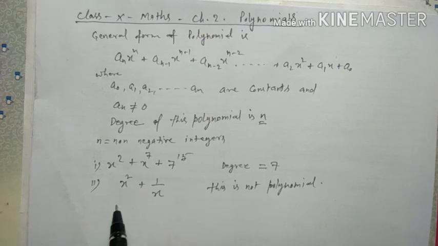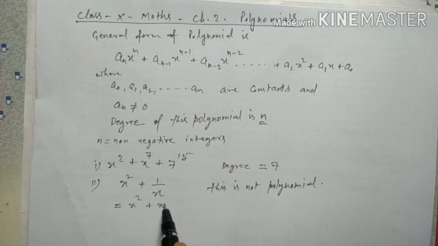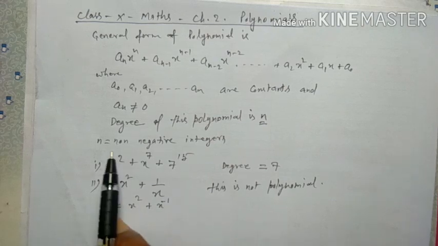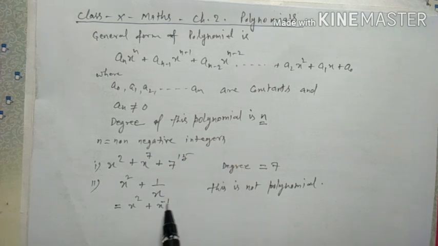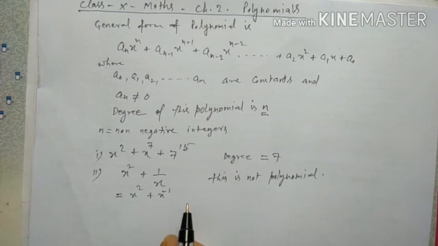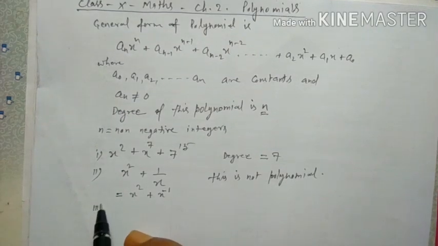Why? This expression can be written as x squared plus x to the power minus 1, and the condition is that the exponent is a non-negative integer, but here it is a negative integer. -1 is a negative integer.